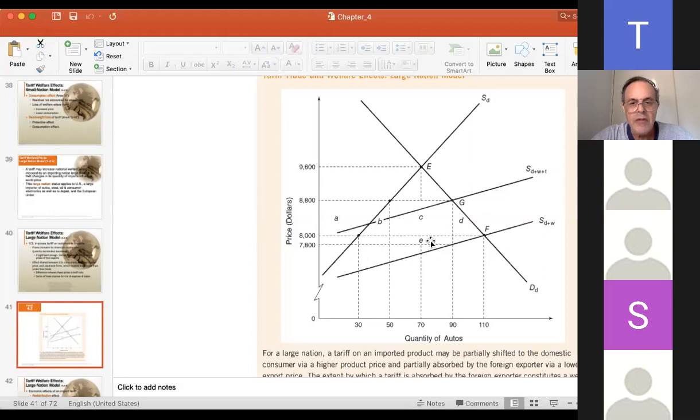This E will never exist for a small country. Therefore, for a small country, a tariff will always have a negative impact. There will always be real costs. Whereas for a large country, it is possible for the real costs of the tariff to dissipate.